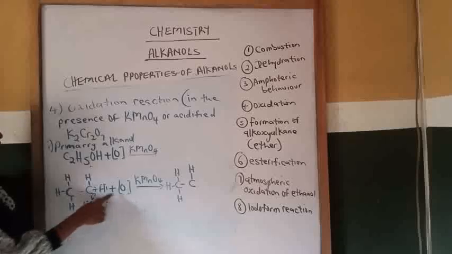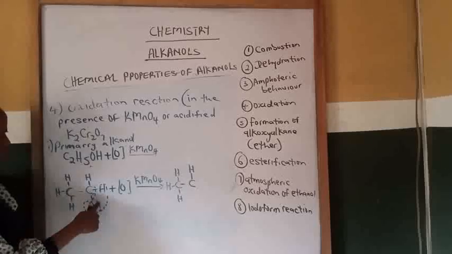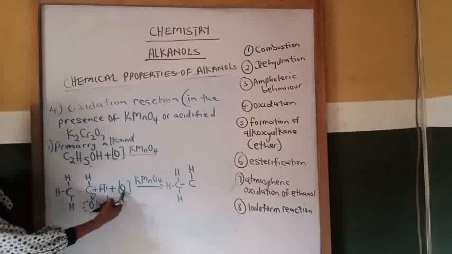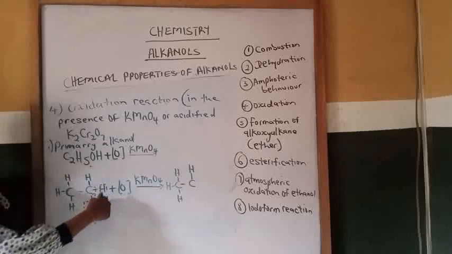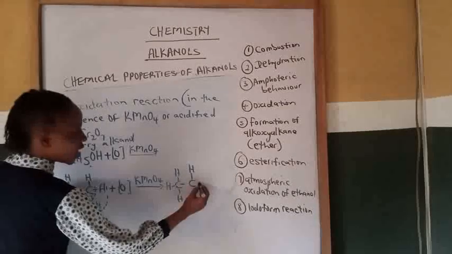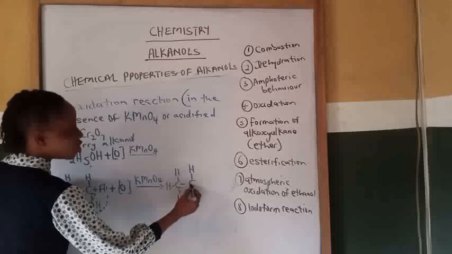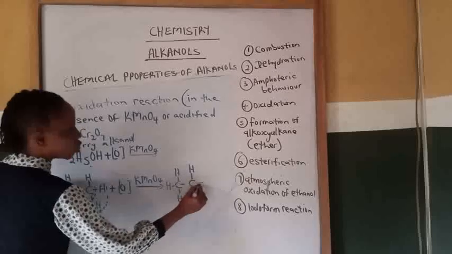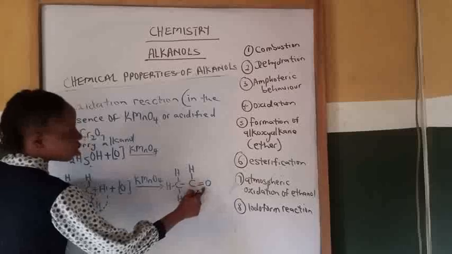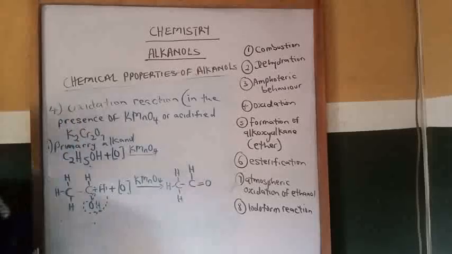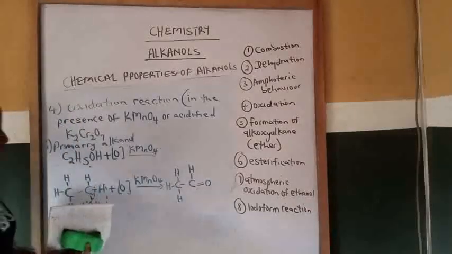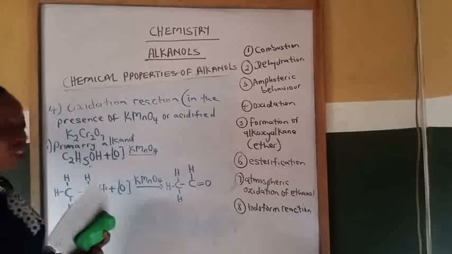Then don't forget that the reaction is what? Removal of water and addition of oxygen. So automatically this oxygen will come in. Then don't forget that in organic chemistry, oxygen is always bonded to the carbon atom with what? With double bond. So this reaction is of 2 stages.